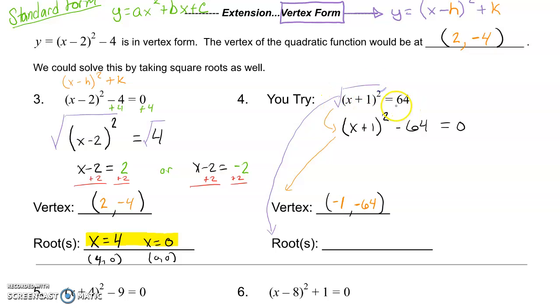I'm going to square root both sides and get x plus 1 equals 2 possible solutions. X plus 1 could equal a positive 8. It could equal a negative 8. Therefore, x could equal 7 or negative 9. And those are my roots, my solutions, my zeros, my x-intercepts.